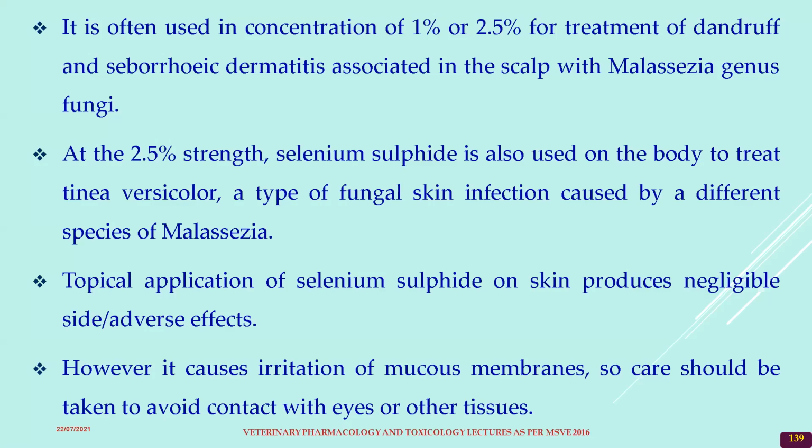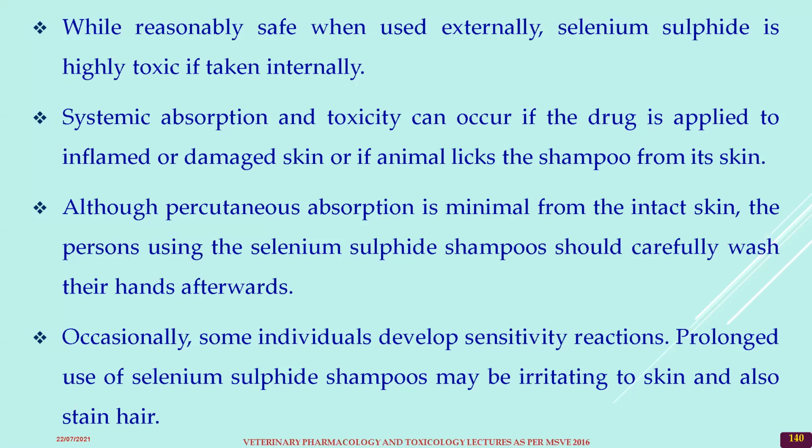However, it causes irritation of the mucous membrane, so care should be taken to avoid contact with eyes or other tissues. While reasonably safe when externally applied, it is highly toxic if taken or licked internally. Many times the dog may die.